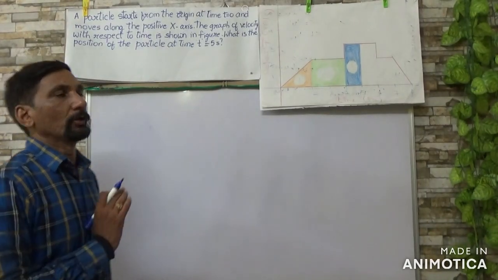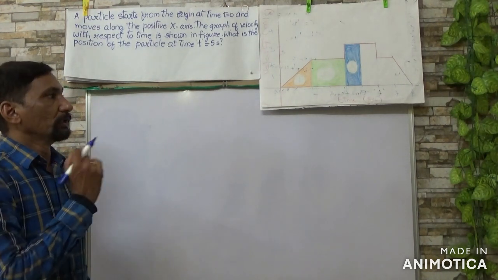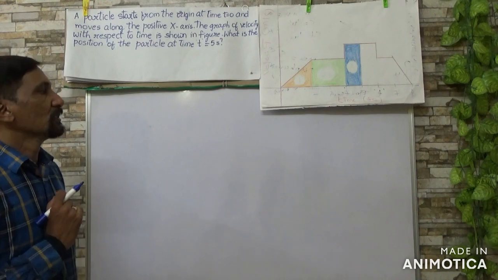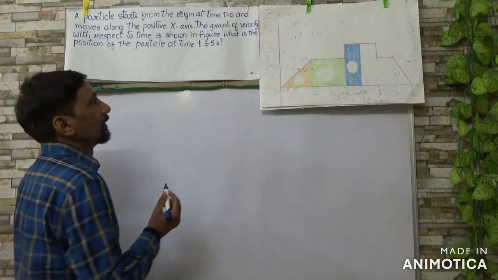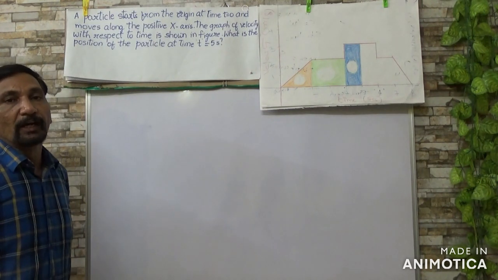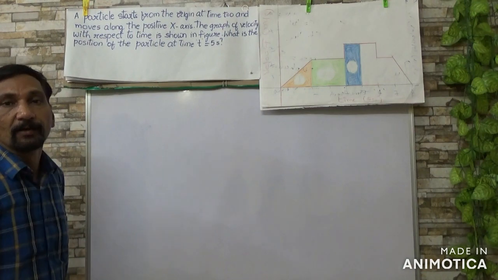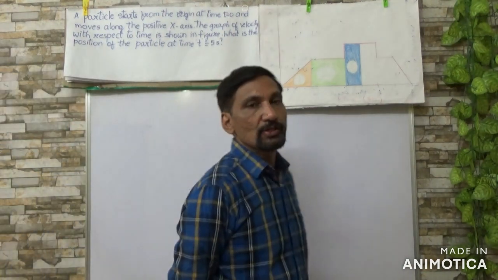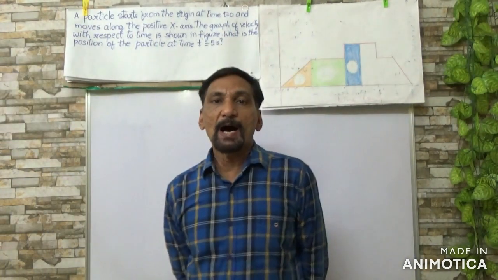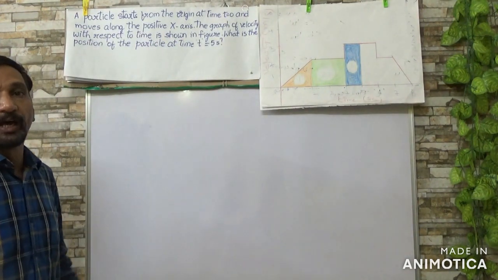Now about the given problem. It is one of the questions in last year's Mains online exam. The question is, the variation of velocity versus time graph is given and you want to know its position after 5 seconds. A particle's velocity with respect to time is given.